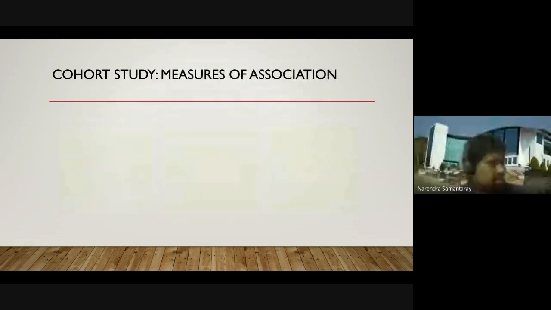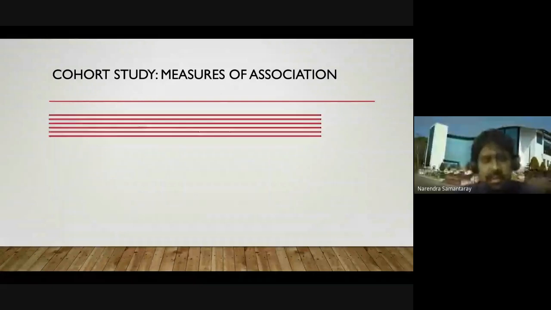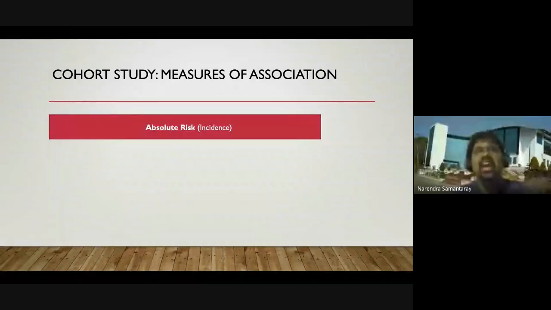Now let's come to the measures of association related to the cohort study. As I told, in a cohort study we can calculate the incidence. What is incidence? Incidence is the number of new cases in a specified period of time in a given population which initially does not have that disease or condition.